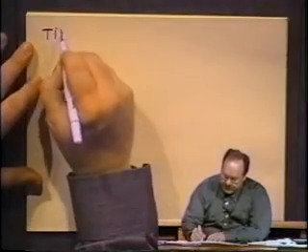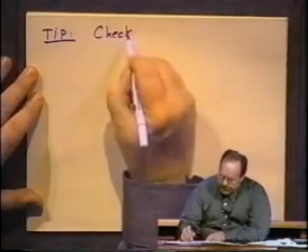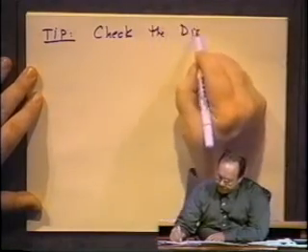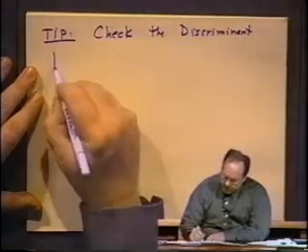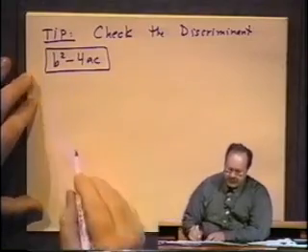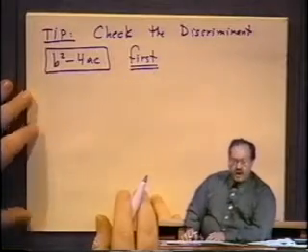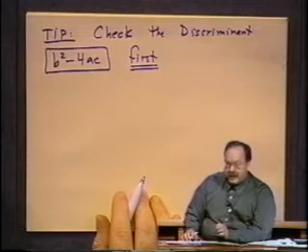Let me give you a tip now as you're doing these problems involving the quadratic formula and the discriminant. Tip: even though you don't need to, perhaps, check the discriminant. The discriminant, of course, is b squared minus 4ac. I'll keep writing it so you'll get it remembered. You want to check it first, because it gives you information about the roots in number, and in a moment we'll see type.